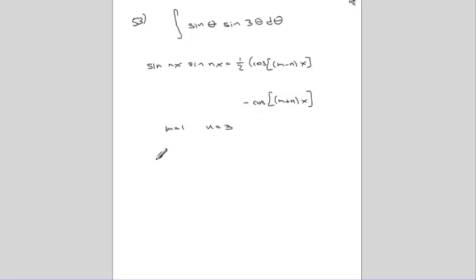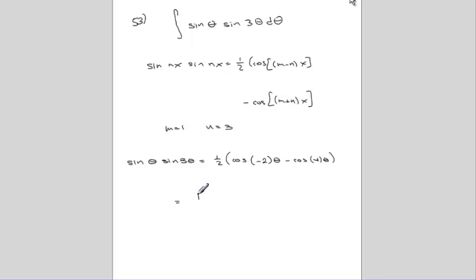So we can convert the sine of theta times the sine of 3 theta into, let me move that over so we get this all in one line, 1/2 times the cosine of m minus n, which would be -2 theta, minus the cosine of m plus n, which is going to be 4 theta.